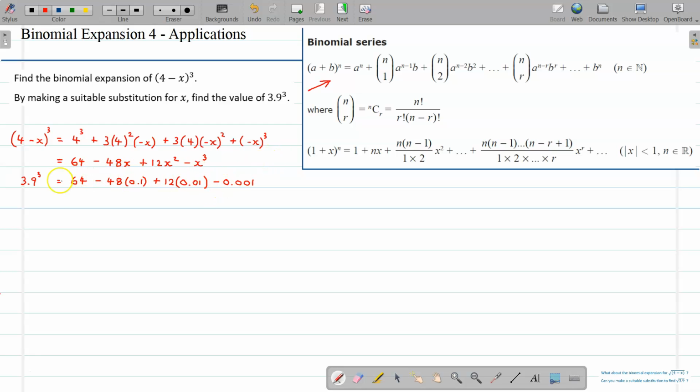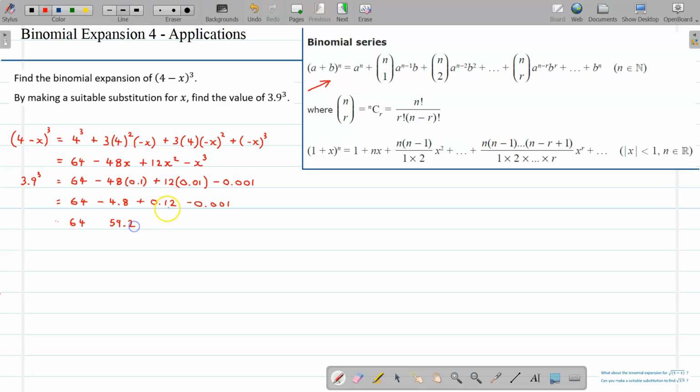So that is the calculation that I've got to complete, and it will give me 64 take away 4.8, then it's going to be plus 0.12, and it's going to be minus 0.001. Now I can work that through in my head. If I just start with 64, I'll do it sort of cumulatively. So if I take away 4.8, that's going to give me 59.2.